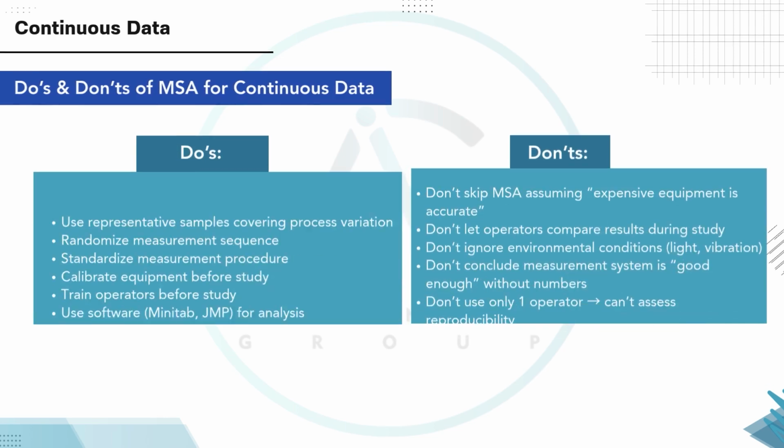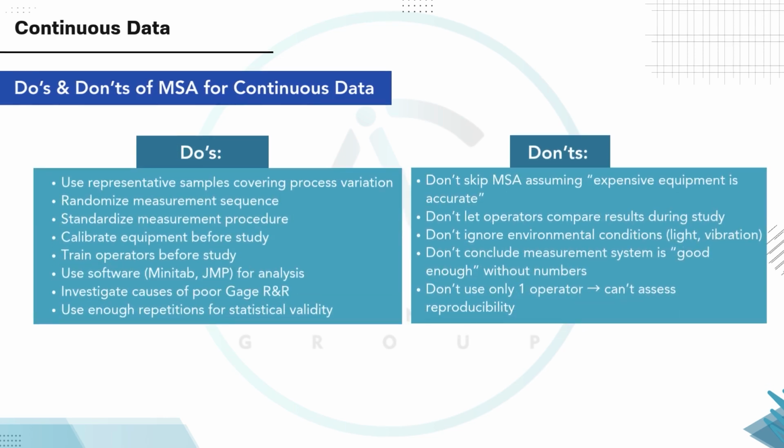Now let's talk about some key do's and don'ts when conducting a measurement system analysis, or MSA, specifically for continuous data. Starting with the do's. Always use representative samples that cover the full range of process variation to ensure your results are valid. Randomize the measurement sequence to minimize any systematic bias.